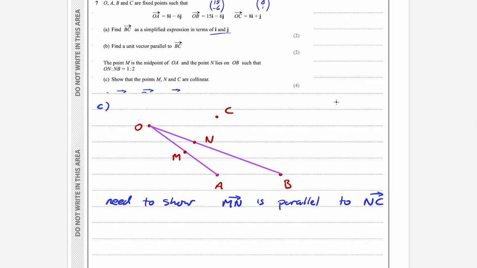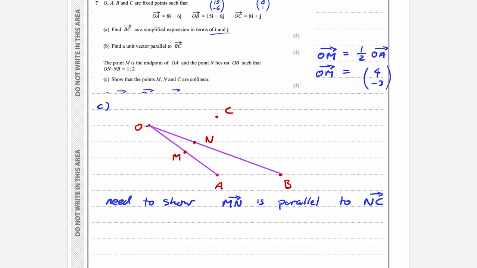Okay, let us find M and N first. So the point M, guys, or I can find OM. OM is a half OA, and OA is 8, negative 6. So OM is a half of 8, negative 6, which is 4, negative 3.